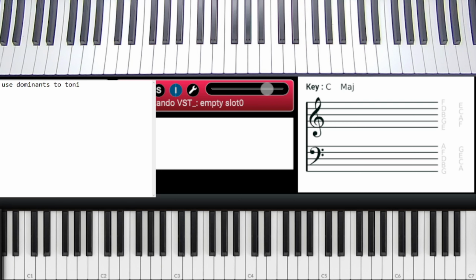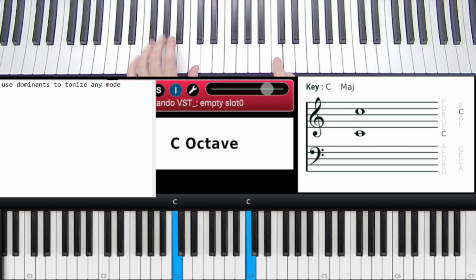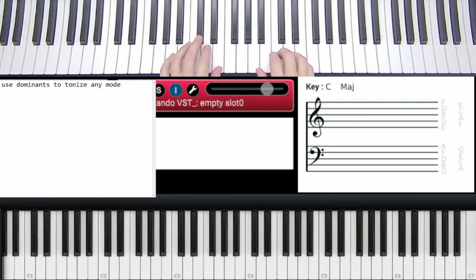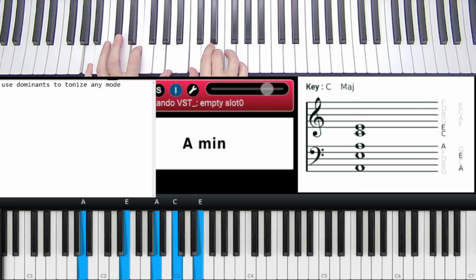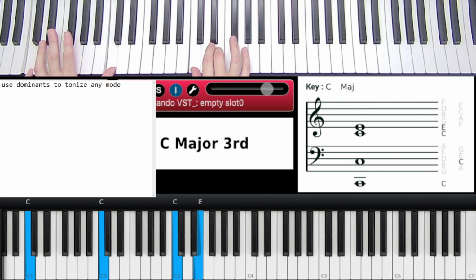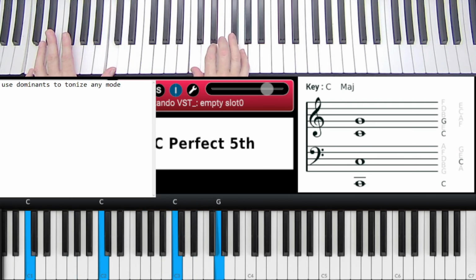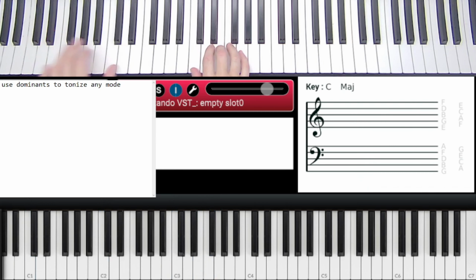So now here's one you can use that is probably rarely explained. You could tonicize any mode with a secondary dominant, or not a secondary, a dominant chord. So let's take the concept of the relative minor to relative major. Well, let's stay in relative minor, but go to C Lydian instead after that dominant chord.